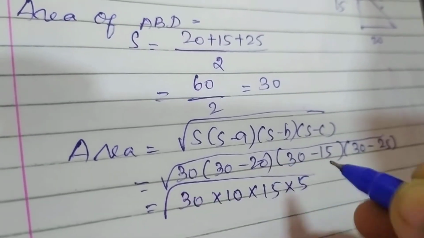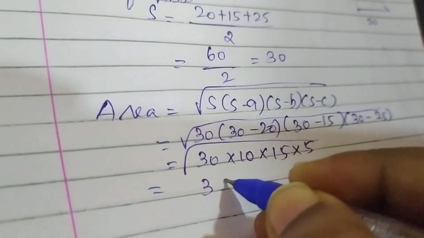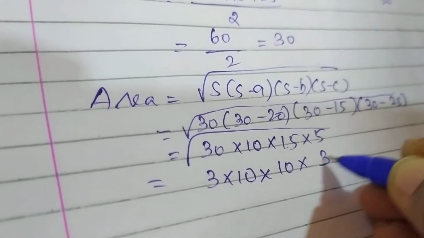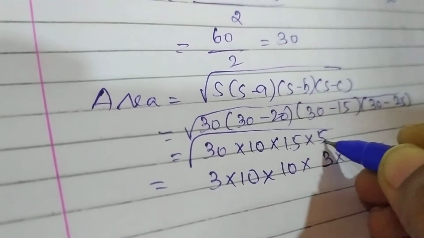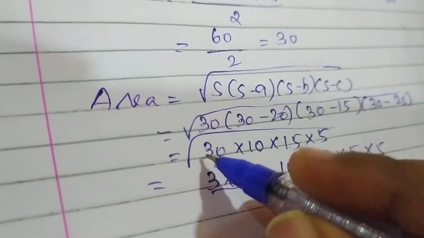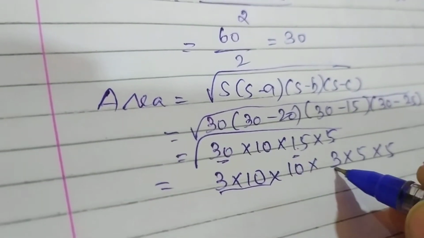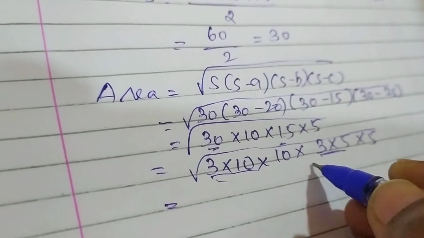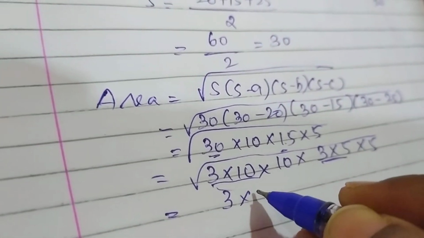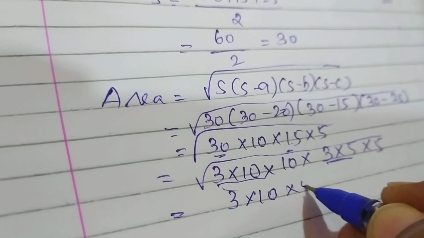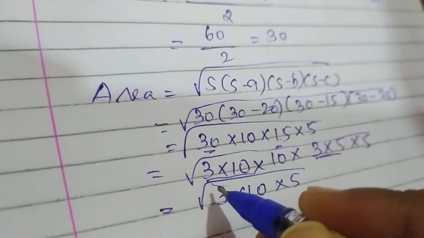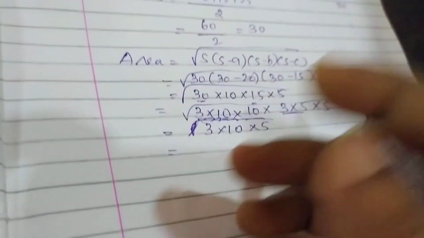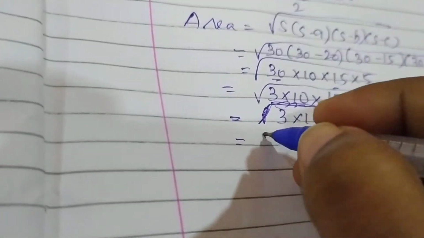Dividing, 30 is 3 10s, 15 is 3 5s. Taking one 3, one 10 and one 5, we get 30 times 5 is 150.